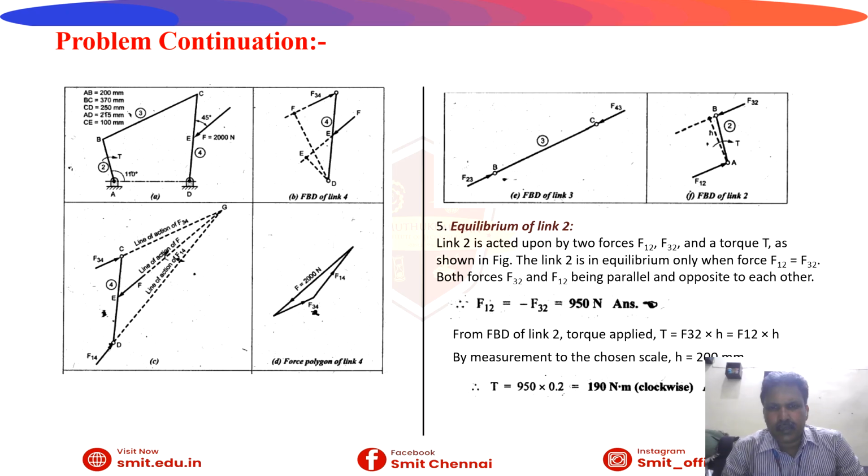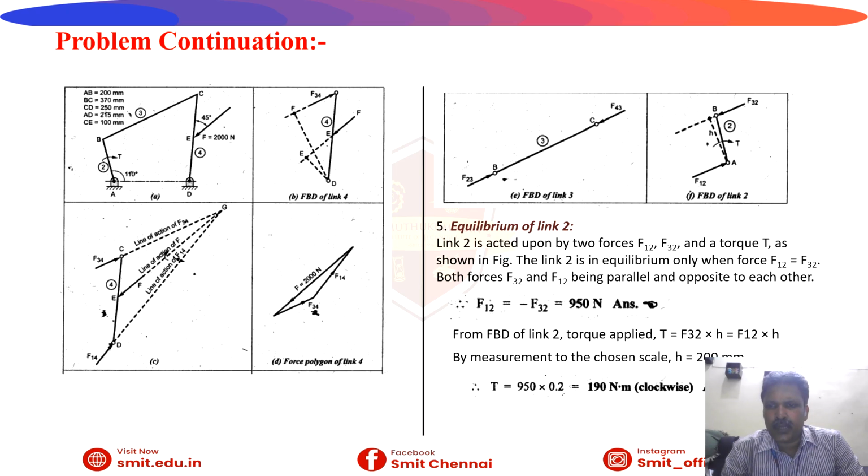Then the free body diagram of link 3 is shown in the right-hand side of the slide. BC link is there, therefore for link number 3 we have F23 and F43. These two links are joined at a common point. Equilibrium of link 2: it is acted upon by two forces, F12 and F32, and the torque T as shown in the figure.